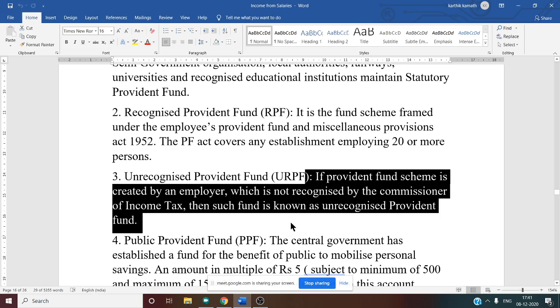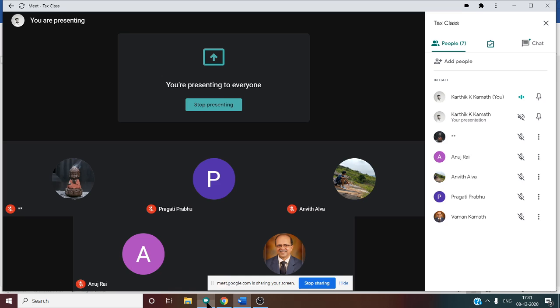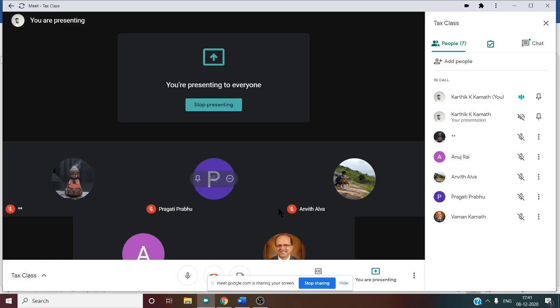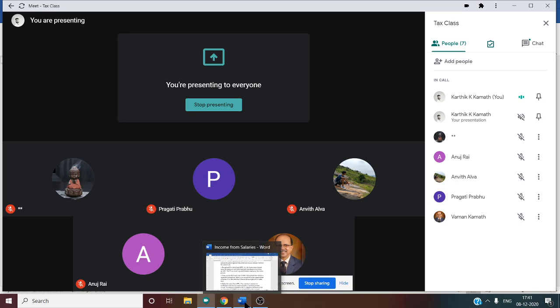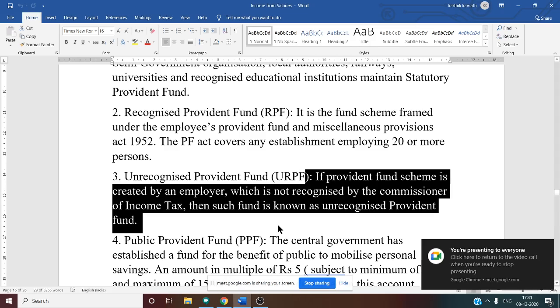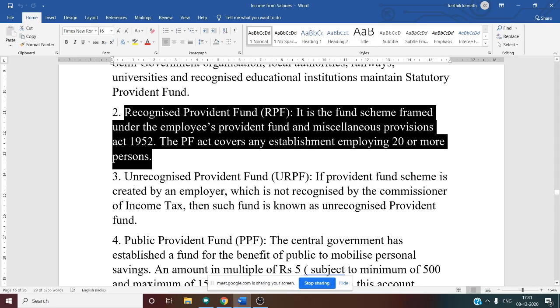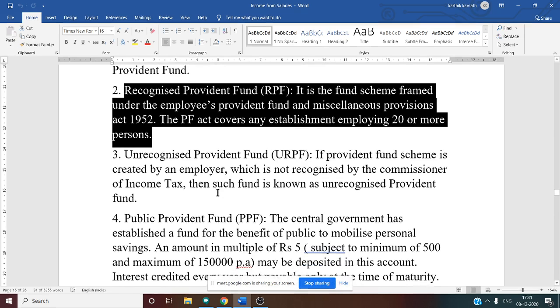Whether the contribution made to URPF is eligible for deduction under 80C, that is one more question we have to ask. It is not eligible. See this, URPF contribution is not eligible for deduction. Only contribution made to RPF, that is a recognized provident fund, is eligible for deduction.